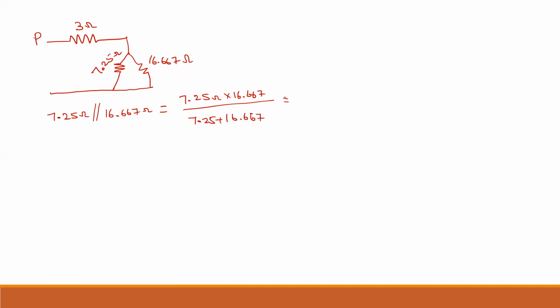How much will we get? Calculate 7.25 into 16.667, you will get around 120.8357, divided by 7.25 plus 16.667, which is 23.917.